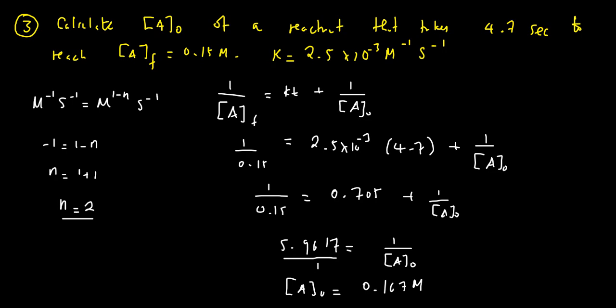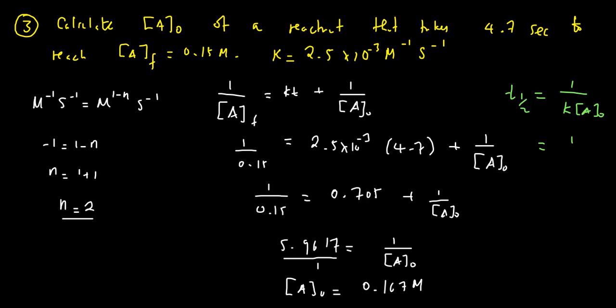They can also ask you, let's say, to find the half-life. So if this was asking us to calculate A and the half-life, the half-life for a second order reaction is given by 1 divided by K times the initial concentration of the reactant.